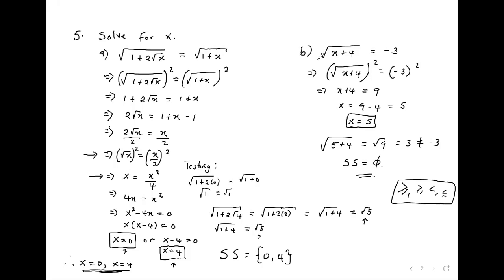When you square root 9, you get 3. It's only that negative 3, if we square it, can give us 9, and 3, if we square, can give us 9.